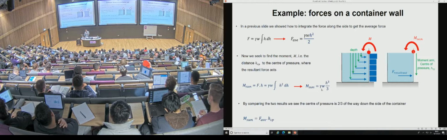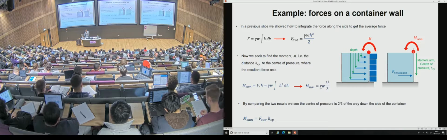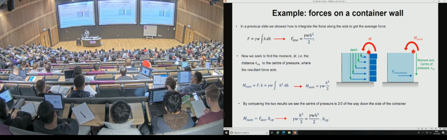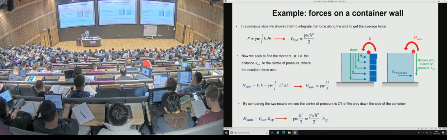So we can make some observations. If we have our moment being gamma w h cubed over 3, we can relate this to the force. So we have gamma w h cubed over 3, which is our sum of the moments, equal to the resultant force times the center of pressure, where the resultant force is the average force, which is this.